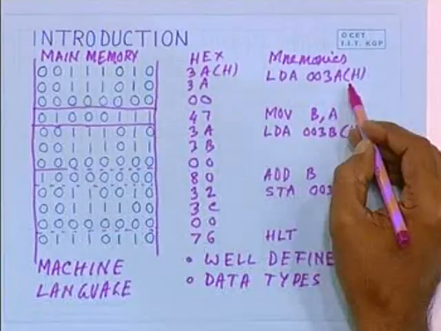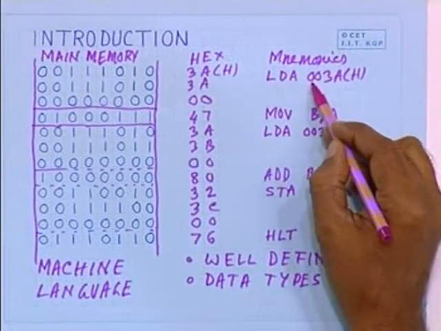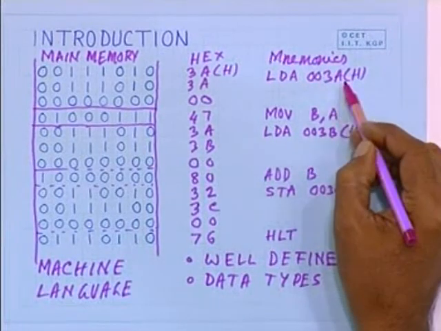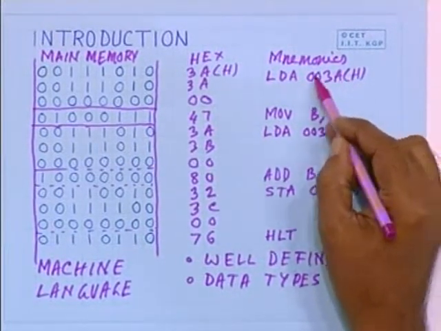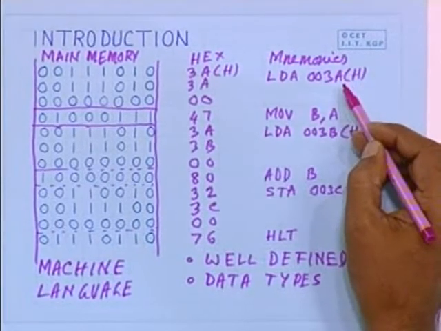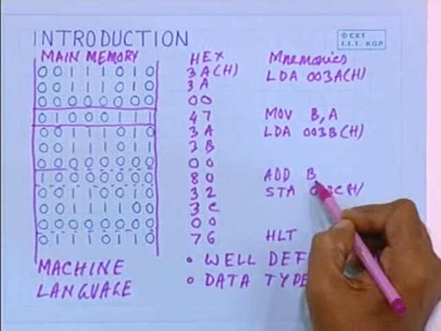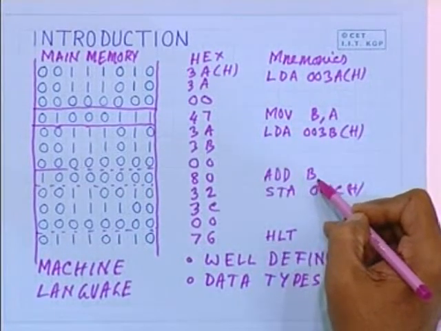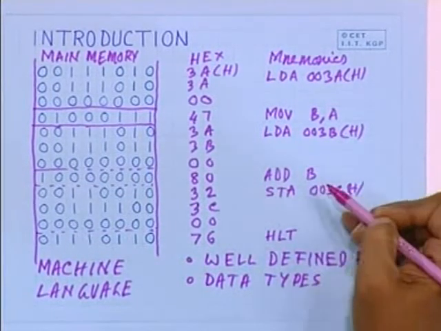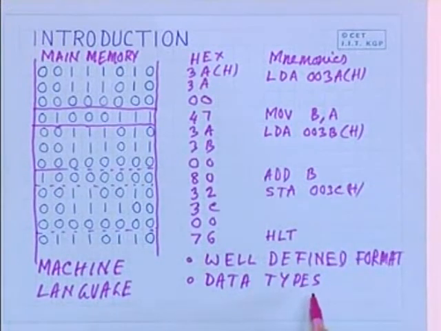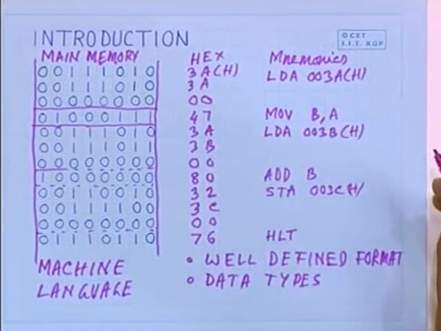So, for example, in the memory location 003A, some data was stored. How it is stored, in what form, has to be understood, and also how the addition is being performed, what kind of data types it is processing. For that purpose, you have to understand the different types of data types a microprocessor can process or execute.